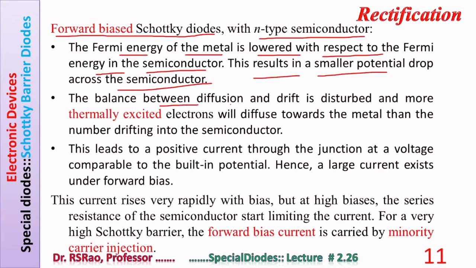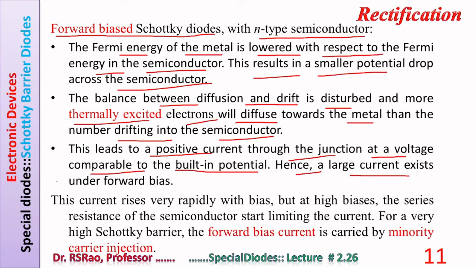The balance between diffusion and drift is disturbed and more thermally excited electrons will diffuse towards the metal than the number drifting into the semiconductor. This leads to a positive current through the junction at a voltage comparable to the built-in potential. Hence, a large current exists under forward bias.